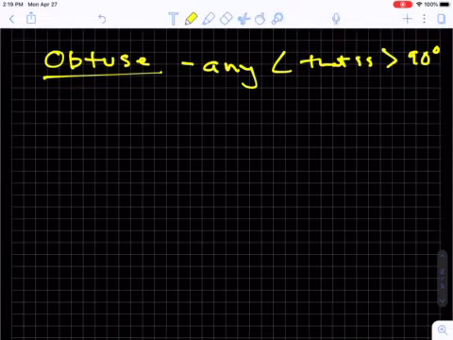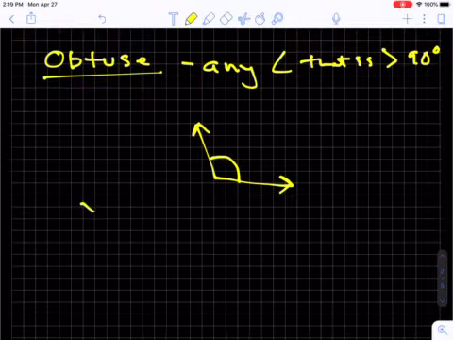Occasionally you'll see it, but if you're talking about an obtuse angle, it's going to be something between 90 and 180, although officially it's just an angle that is greater than 90 degrees. So an example of an obtuse angle would be something like this, and then I mark the angle right there. So that would be an obtuse angle.